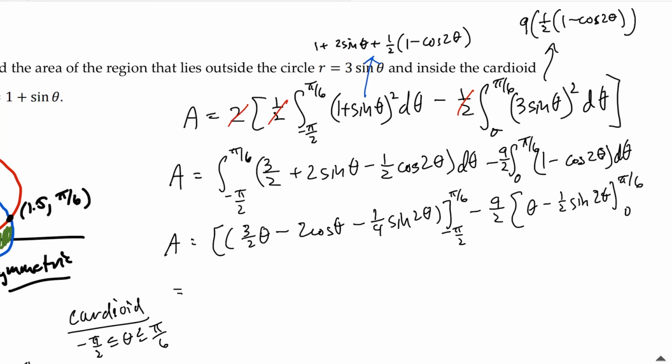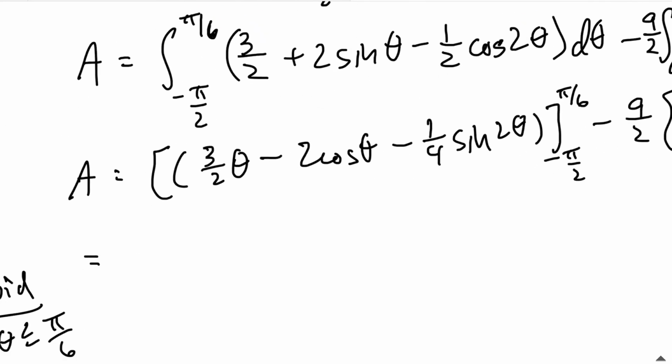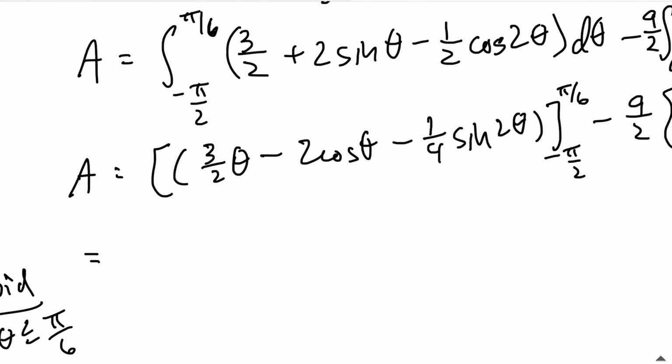All right, so let's go ahead and definitely be careful here. So let's zoom in a bit on this integral. So at pi over 6, we'll have 3 pi over 12, which is pi over 4, minus, it's going to be radical 3, minus pi over 6 is pi over 3, so that's going to be radical 3 over 8.